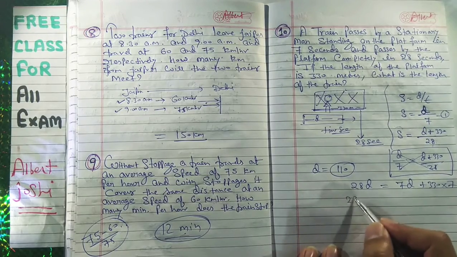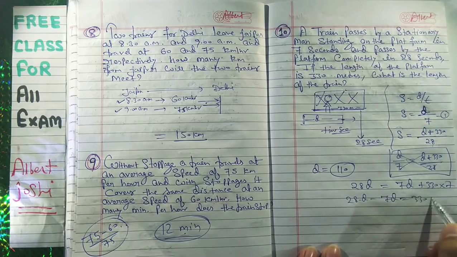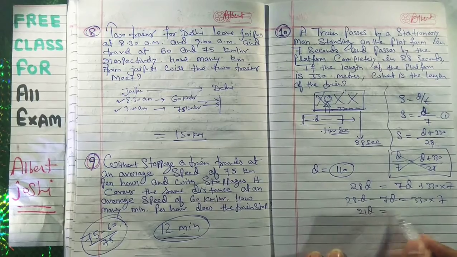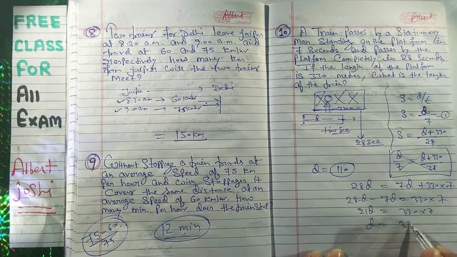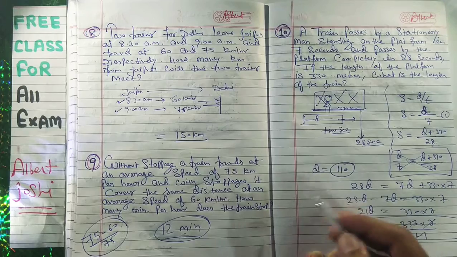So 28d minus 7d is equal to 330 into 7. 28 minus 7 is 21, so 21d is equal to 330 into 7. d is equal to 330 into 7 upon 21. 7 3s are 21, 33, 110. The length d is equal to 110 is the answer.